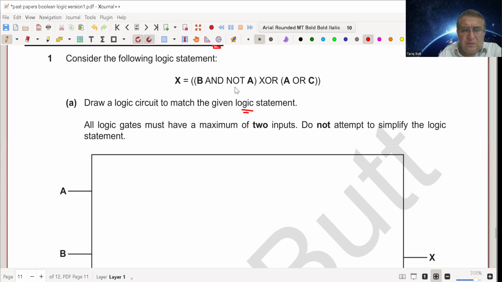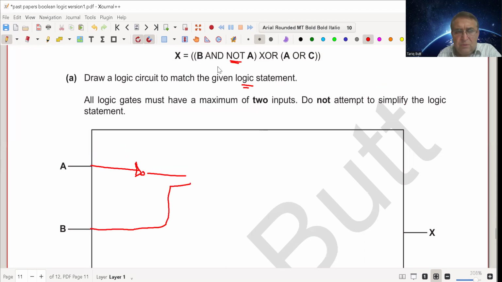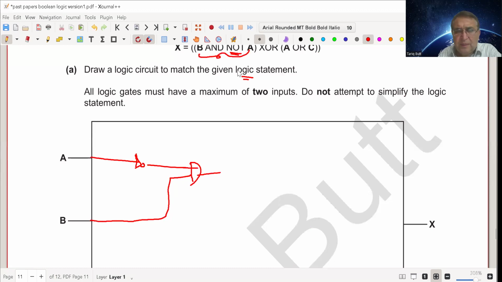So you need not of A, so this is not of A, and with B. So you have to B and with not of A. So this is B, this is not of A. You have to AND them. This is this sub expression.